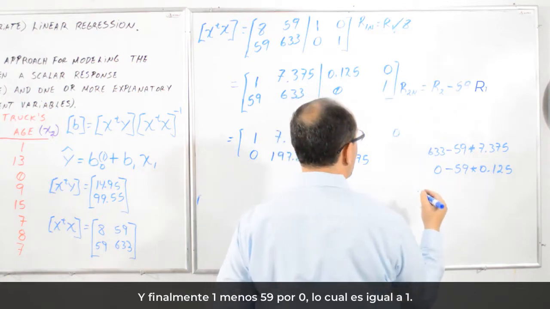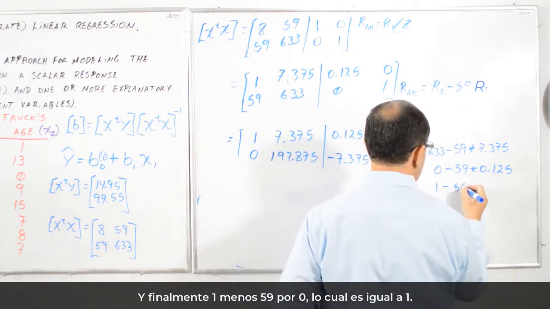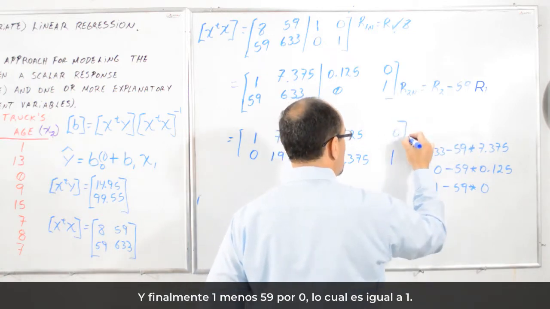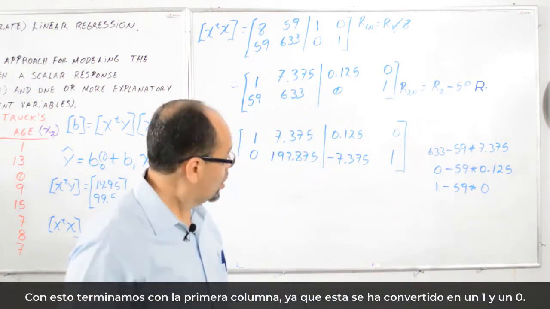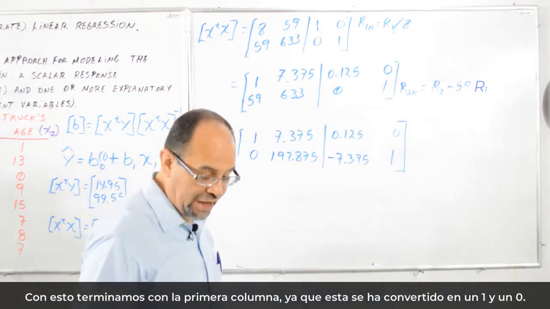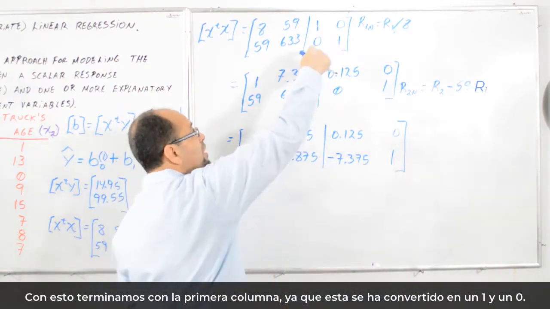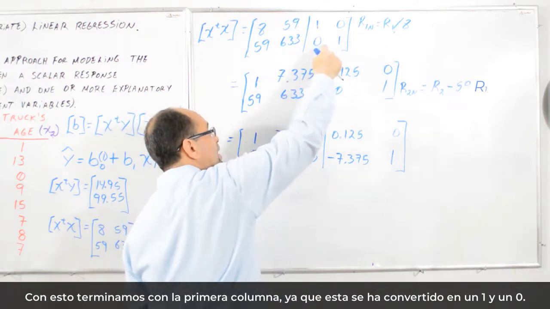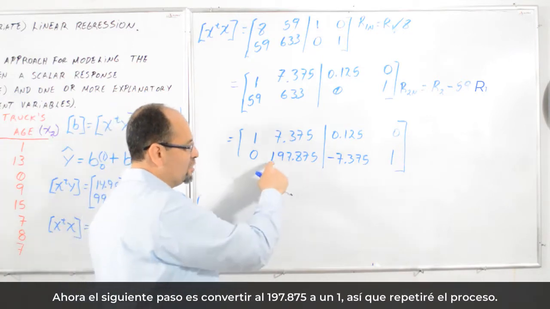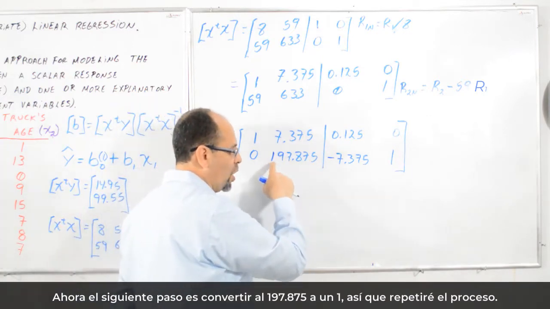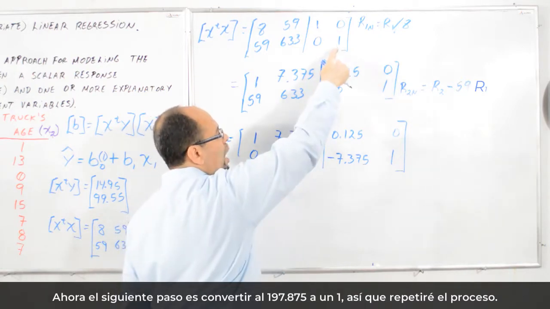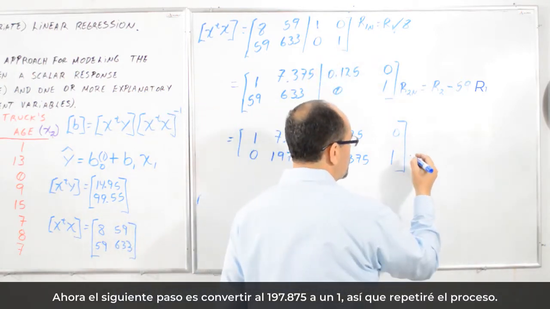And finally, 1 minus 59 times 0, which is equal to 1. Okay. Well, we are done with the first column because we have converted the first column into a 1 and a 0, a 1 and a 0. Now the next step is to convert this 197.875 into a 1. And well, I will repeat the process.